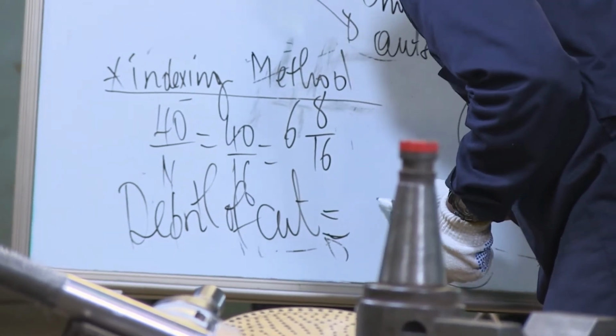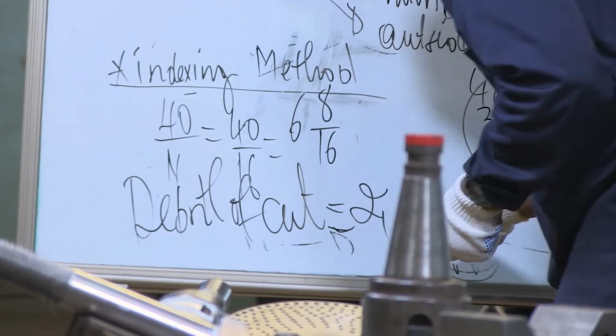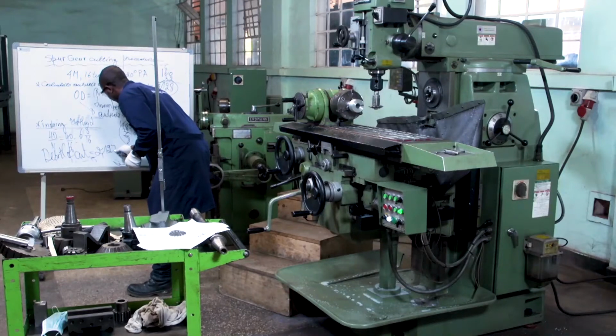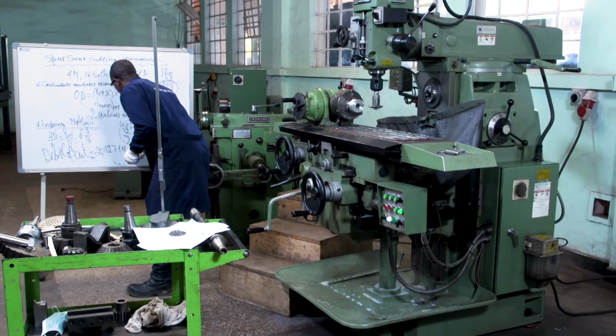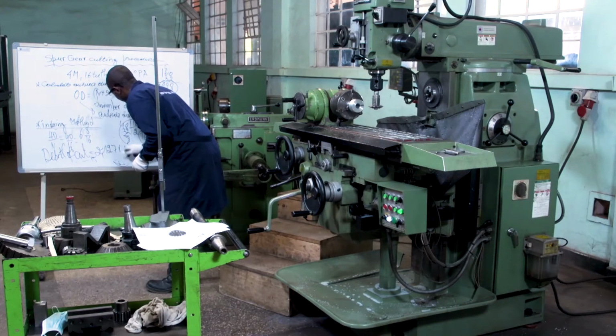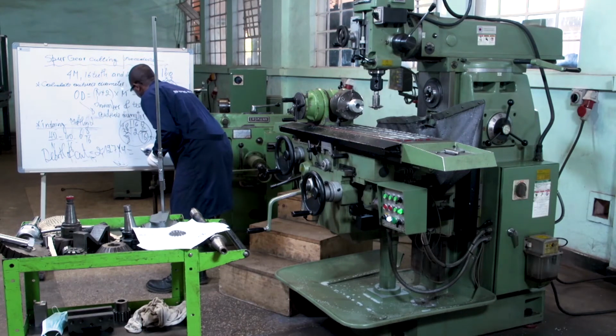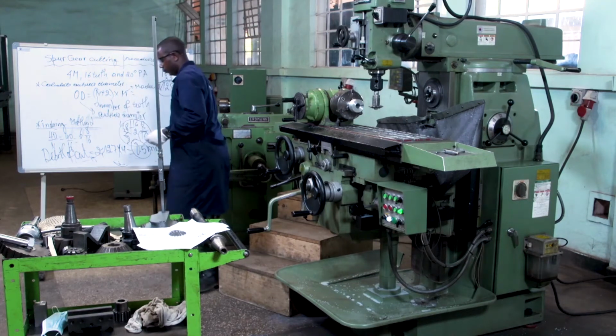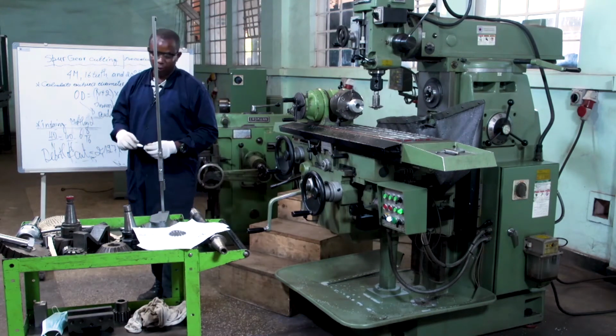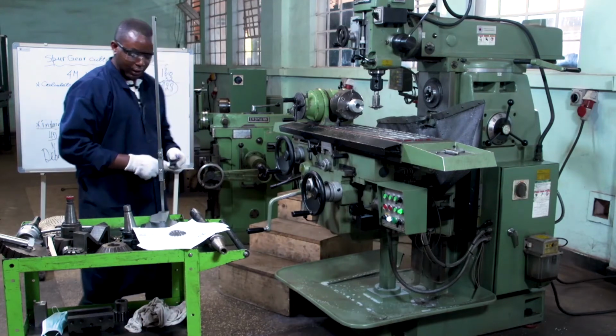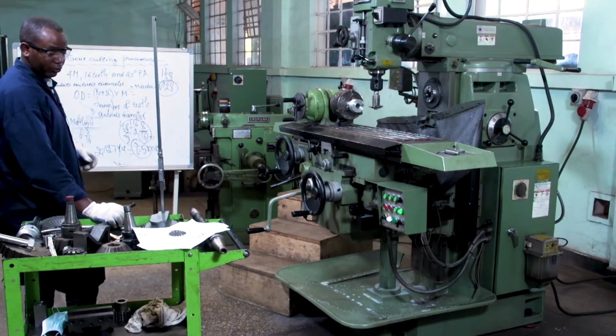Depth of cut, consider this constant times the module. The module is 4, means that we get 8.5 millimeter. The depth of cut is very important because it's where you can meet the standard of gear.